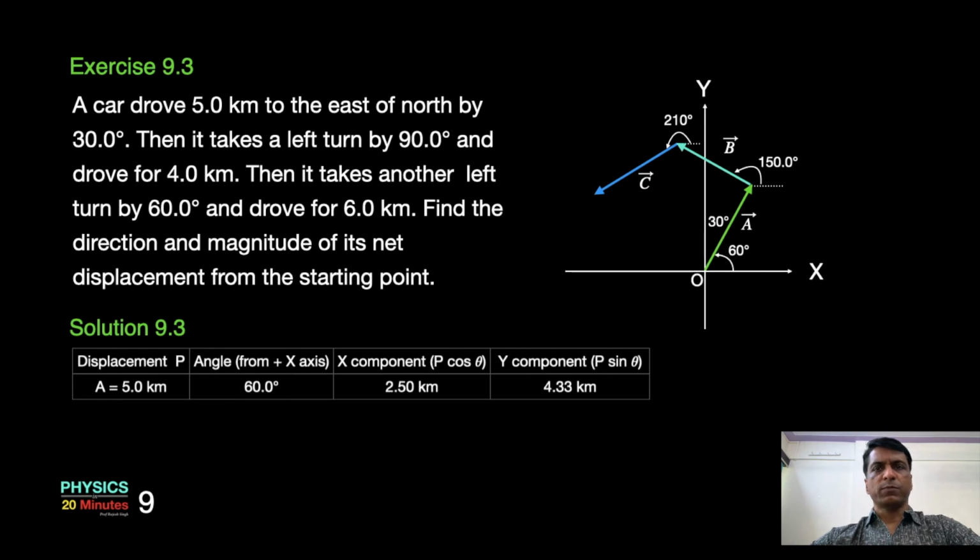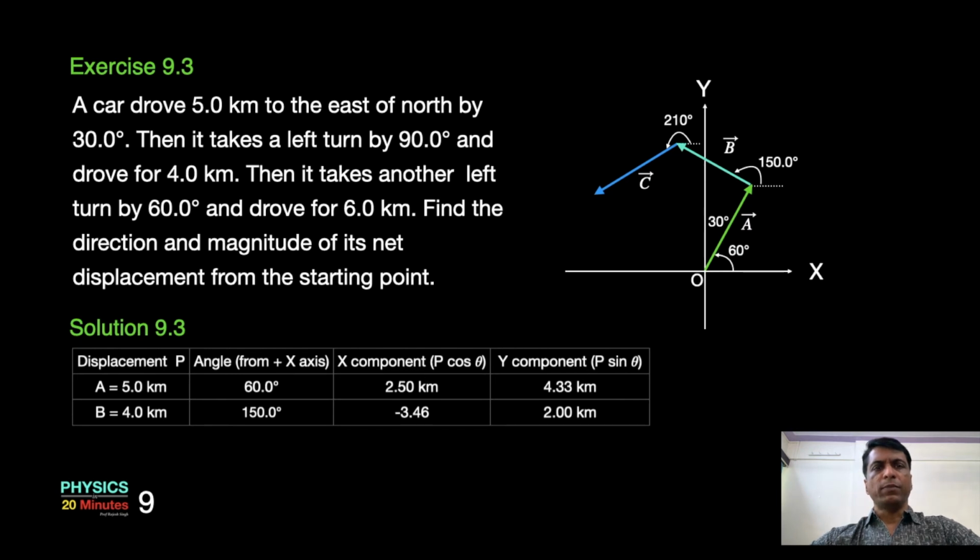So my first displacement vector is A, 5 km, and its angle from the x-axis is 60 degrees. So I calculate A cos 60, which is 2.50 km, and A sin 60, which is 4.33 km. Then my second displacement is B, which is 4 km, making an angle of 150 degrees from the positive x-axis.